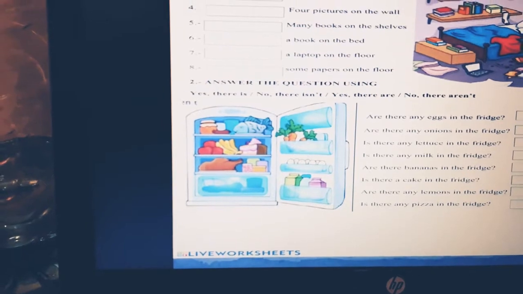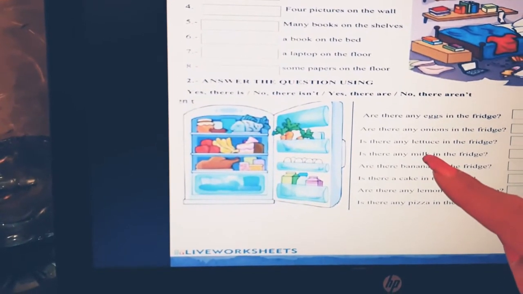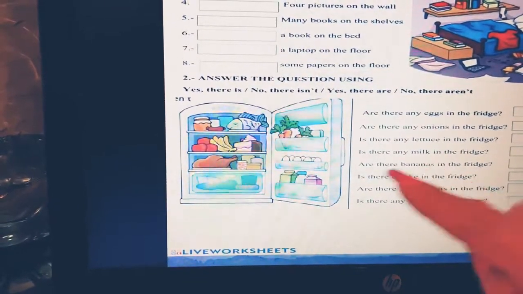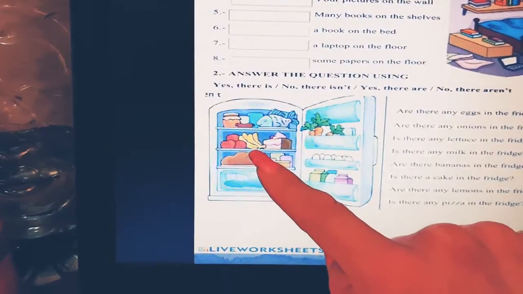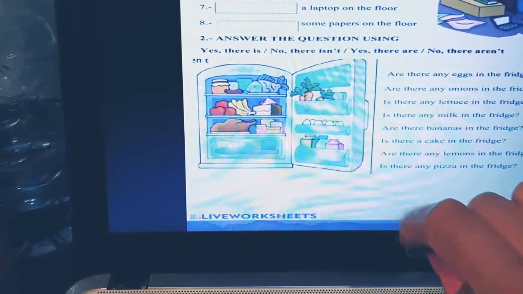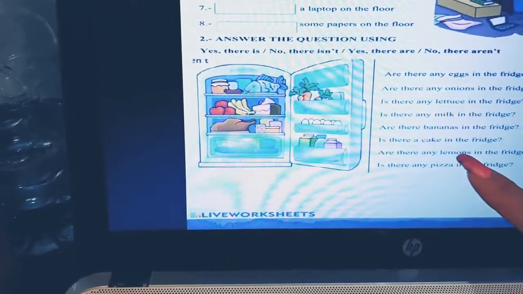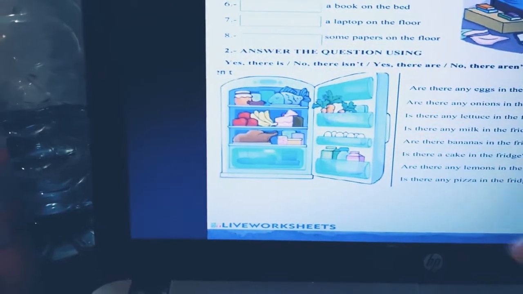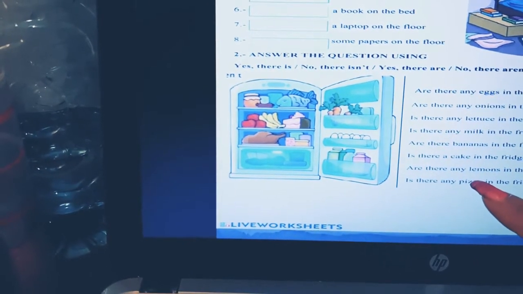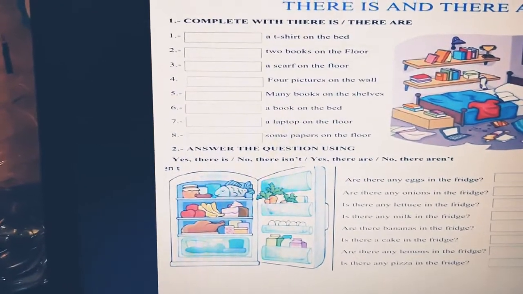In this case, no, there isn't. So what about milk? Yes, I have milk. Bananas, I have my bananas. Cake, no, we don't have a cake. So lemons, we don't have lemons. And pizza, we don't have pizza. Okay, so one more time you have to copy in your notebook.